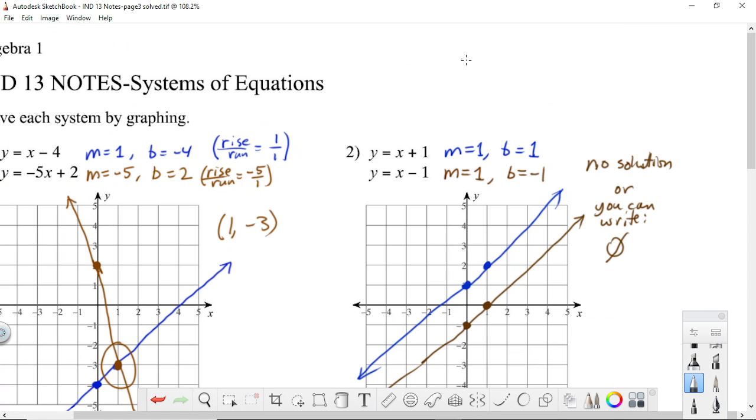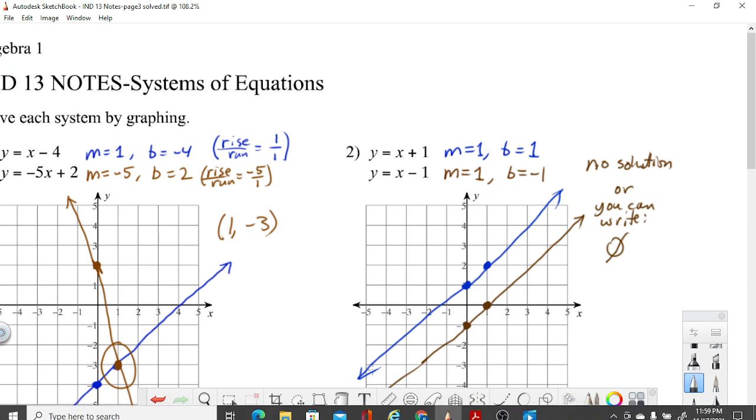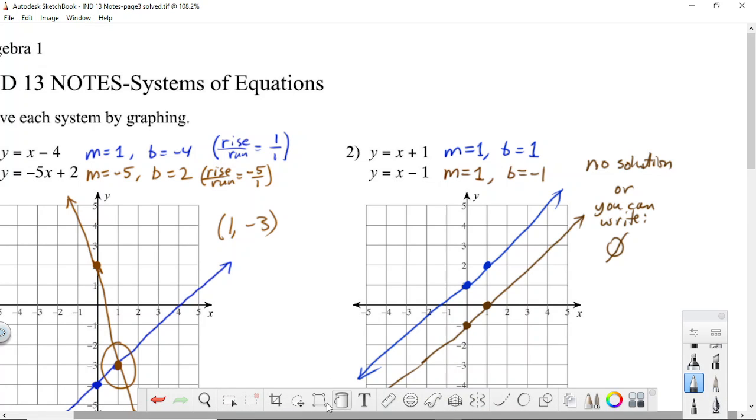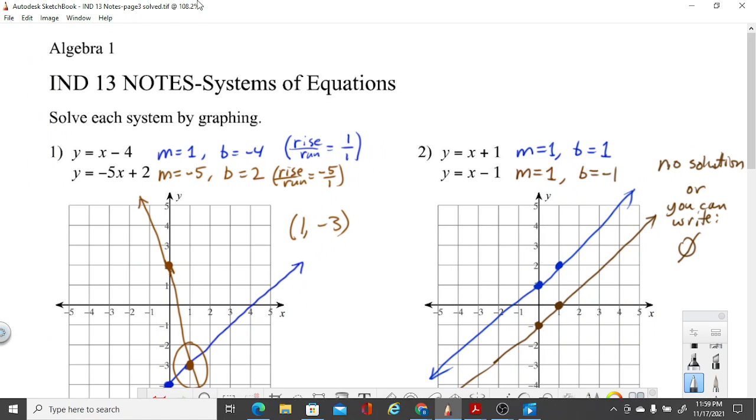And then we're just going to bring up a blank page, and I'm going to show you some general things that are good to know.